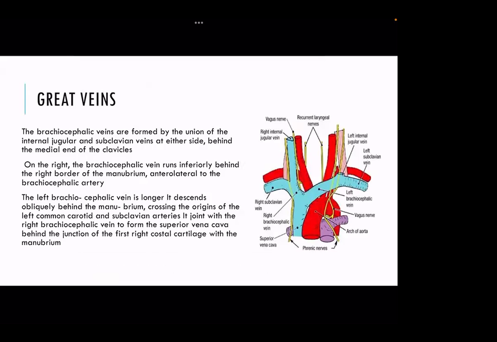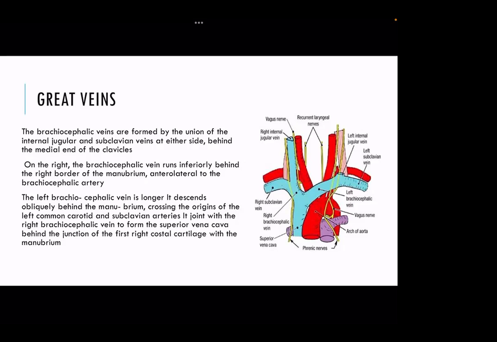The great veins. The brachiocephalic veins are formed by the union of the internal jugular and the subclavian veins on either side, behind the medial end of the clavicles. On the right, the brachiocephalic runs inferiorly behind the right border of the manubrium, anterolateral to the brachiocephalic artery, as you can see here. The left brachiocephalic is longer.